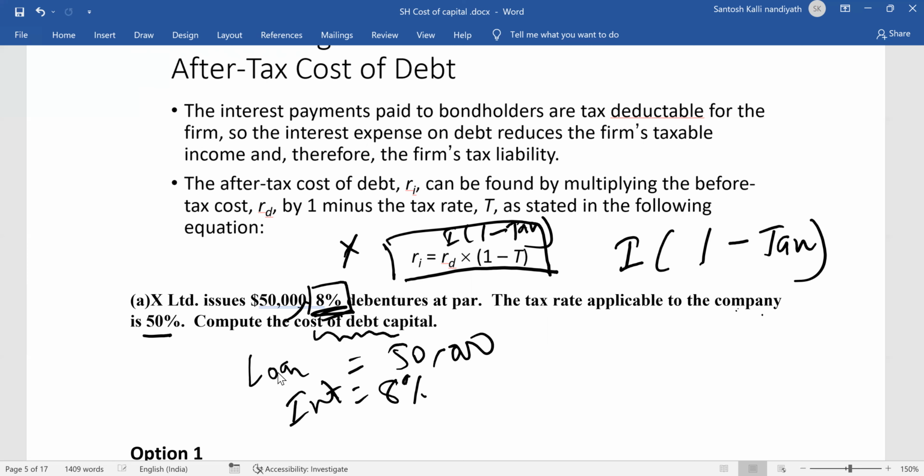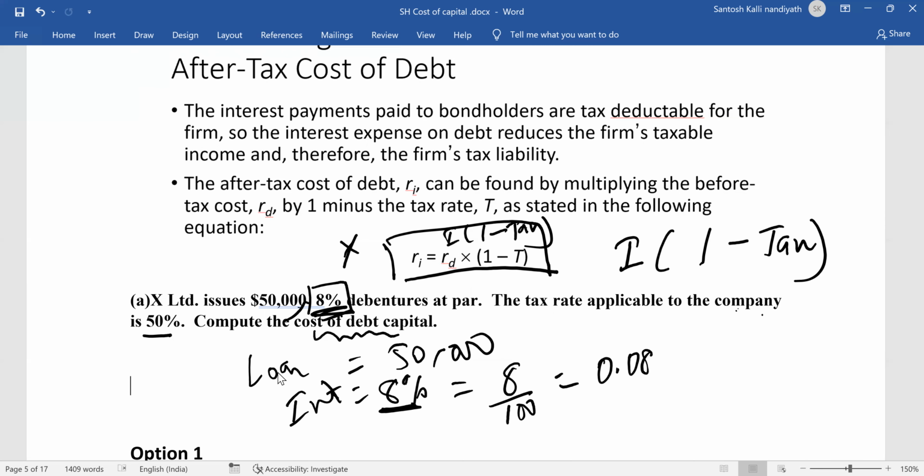That's why I asked this question, because sometimes people get confused about it. Whenever a percentage comes, we write 8 by 100, correct? 8% is 0.08. Then option 1 is interest and then tax rate.